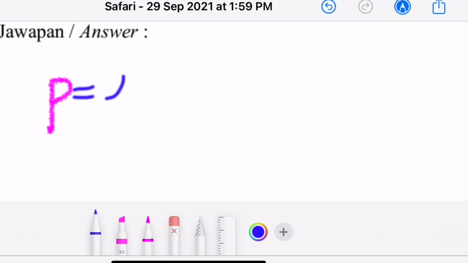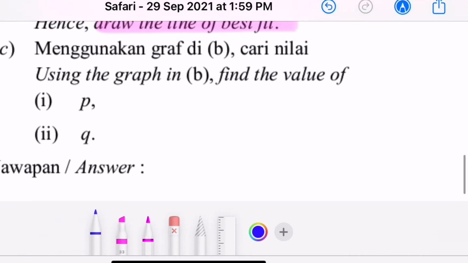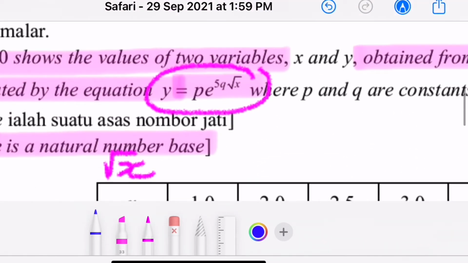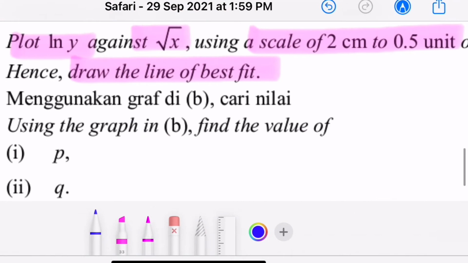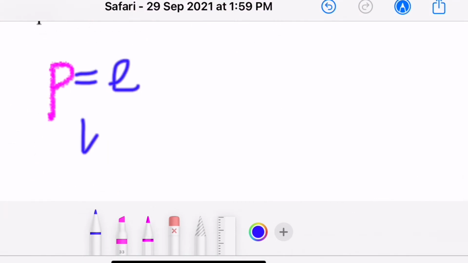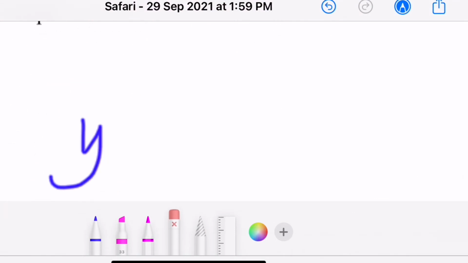The equation is y equals p, and then exponential, the power is 5q square root x.